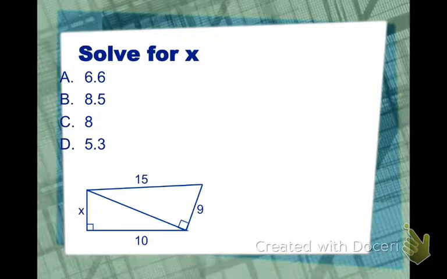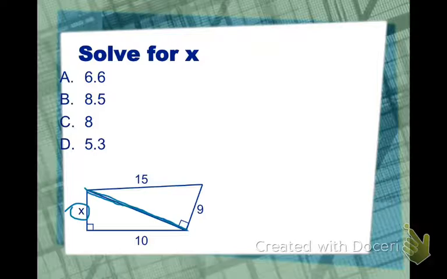Okay, let's solve for x given this diagram. Now this is a more complicated situation. You can see you've got a couple triangles that you're dealing with here, a couple right triangles. In order to solve for x, which is a leg of this triangle with a base of 10, we can't use the Pythagorean theorem until we've figured out the hypotenuse here. We need to know that in order to figure out what the x is.